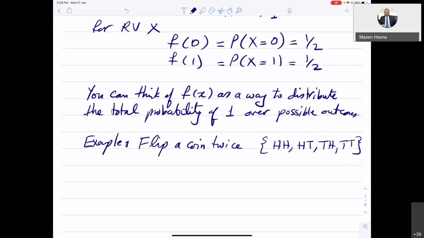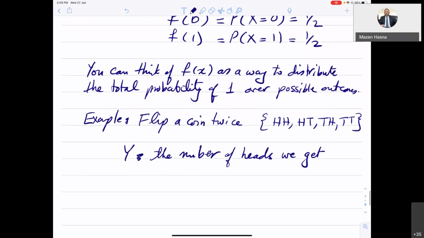And then I will define random variable Y. Y is the number of heads that I get. So what are the possible values of Y? The possible values of Y are 0, 1, and 2, right?